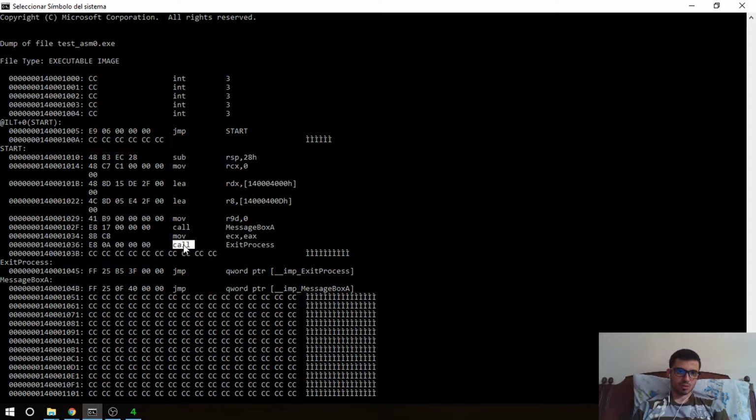This is a call, which has the same base, E8, but the function pointer is different. This is 17 away. That's interesting.